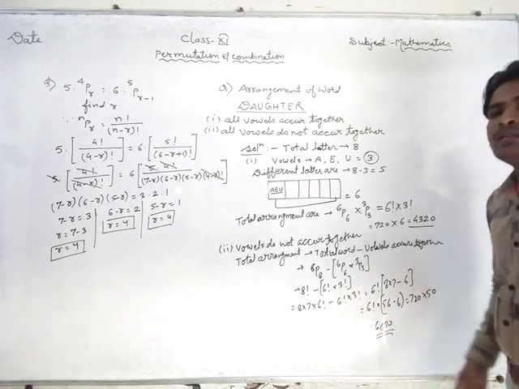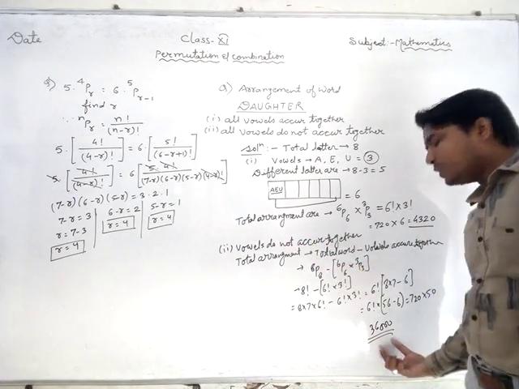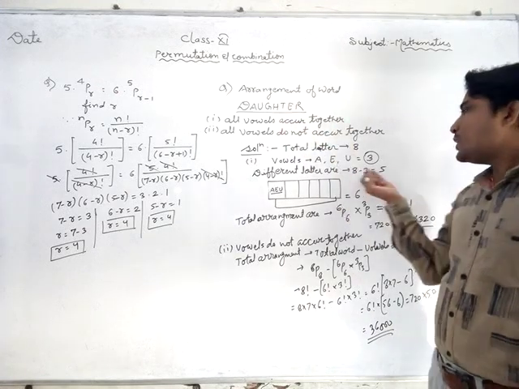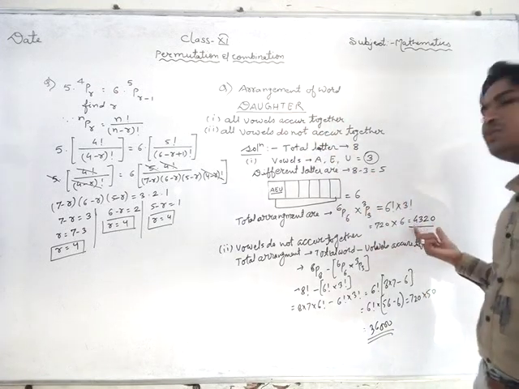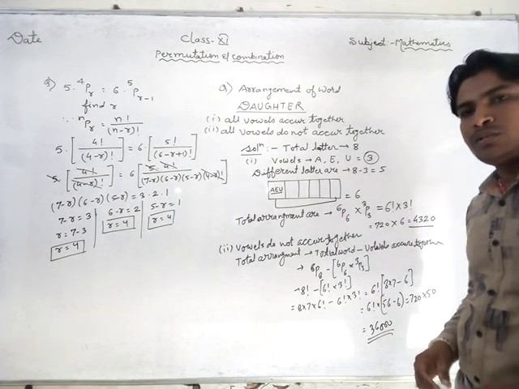So if vowels do not occur together, the total permutations are 36,000. If vowels occur together, our answer is 4,320. I hope you understood these questions easily.